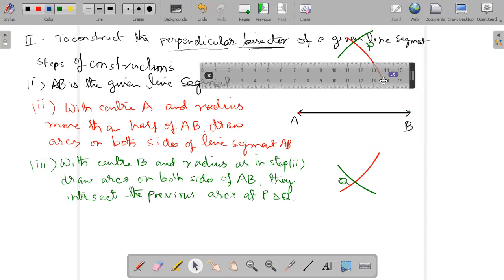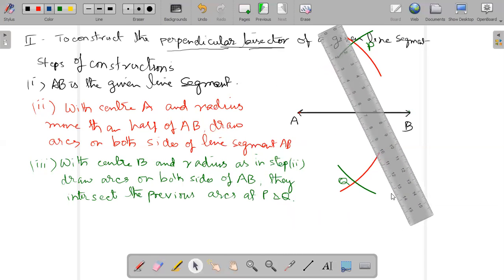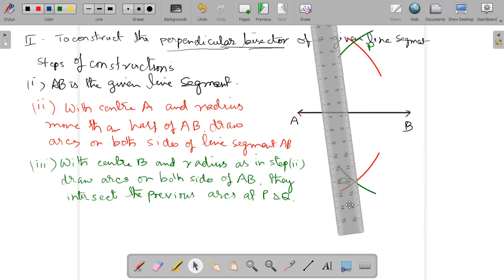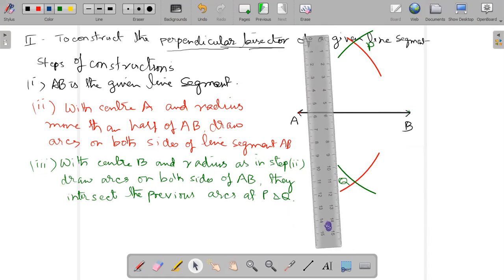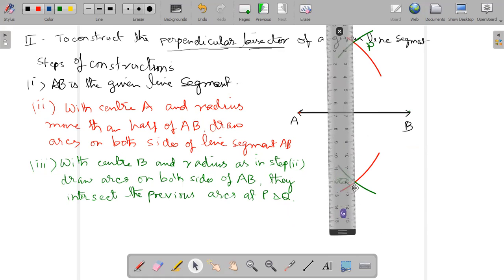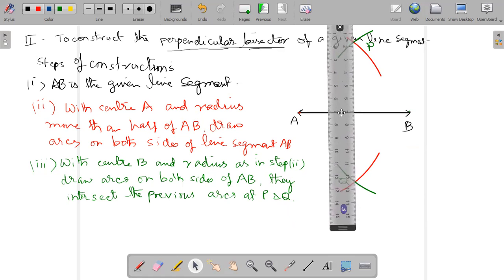The ruler should be kept so that the line passes through P and Q. Can you see how I'm doing it? You can do it like this. Exactly, it should pass exactly through P and Q.